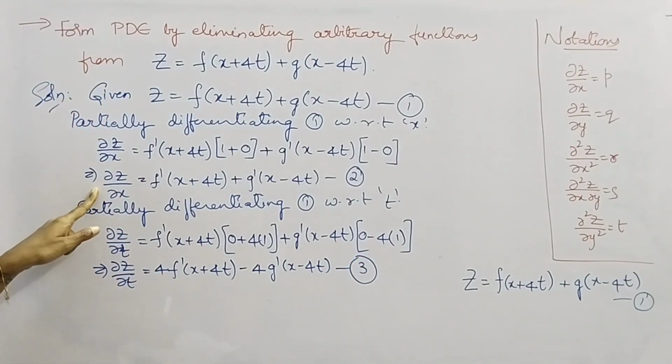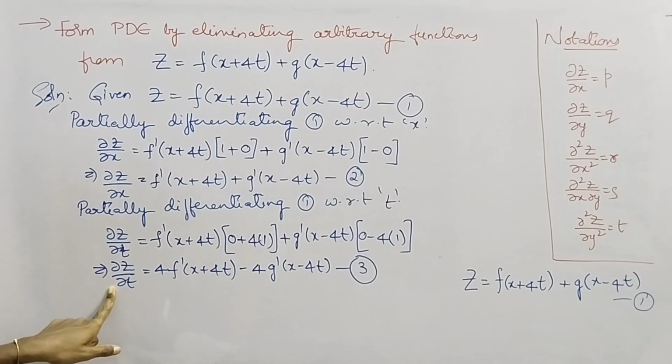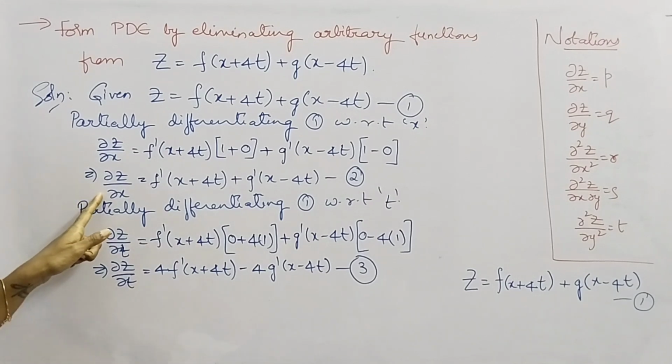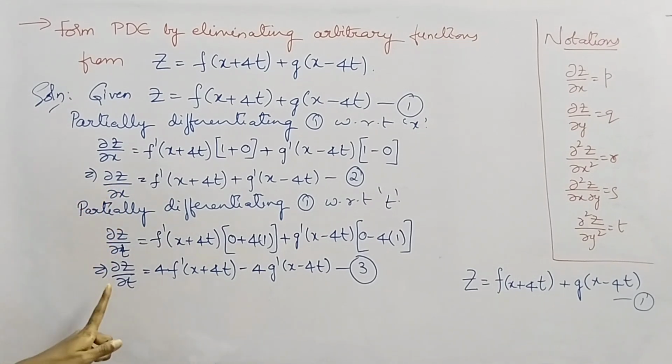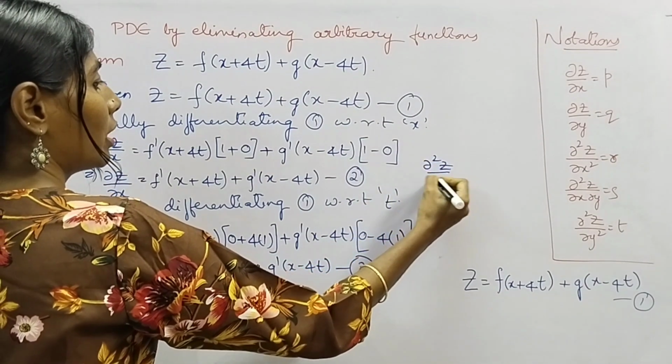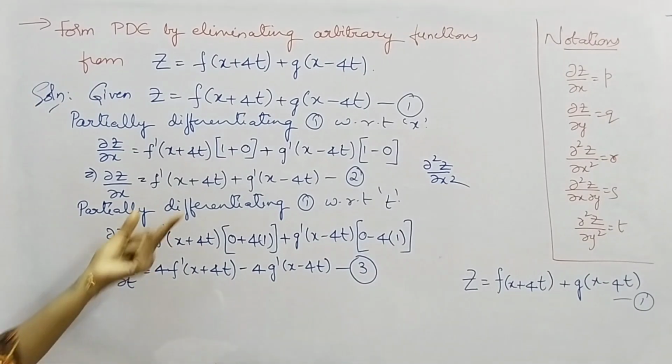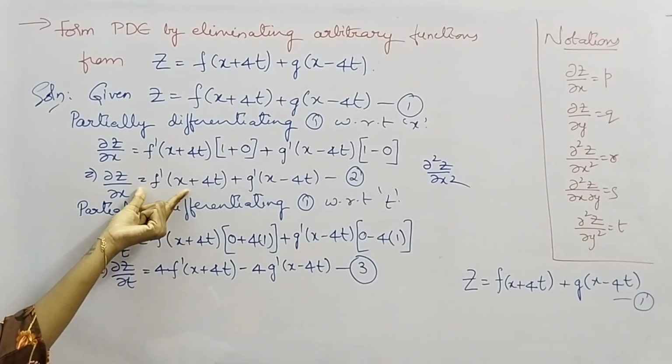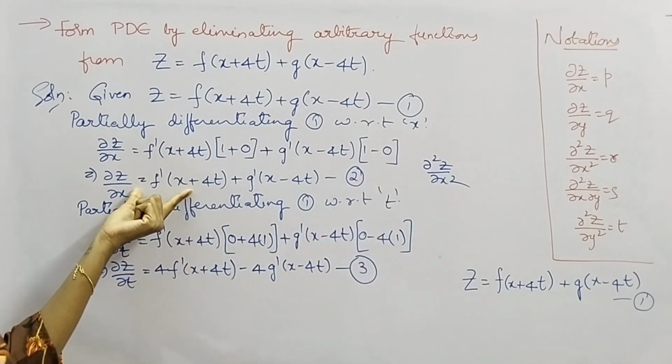Now we have dou z by dou x and dou z by dou t, right? Now we are going to find the second derivatives, that is dou square z by dou x square and dou square z by dou t square. By partially differentiating equation 2 with respect to x, we'll get dou square z by dou x square.